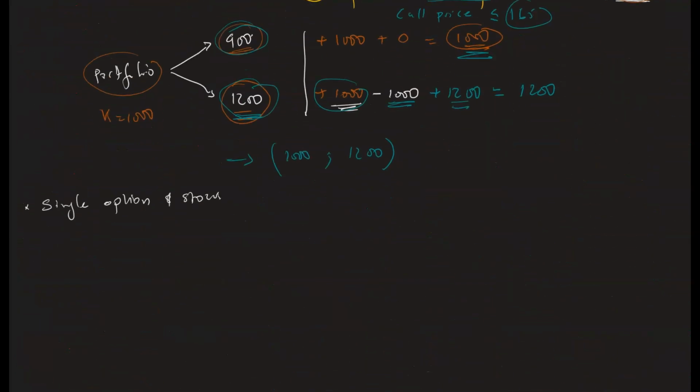So let's go back to our point here, and what I want to do is start with a scenario where we own the stock. Essentially, our single option and stock could be constructed in 2 ways. So we could have our stock position, and we could either take a long or a short position in stock. And then we also have our option position.